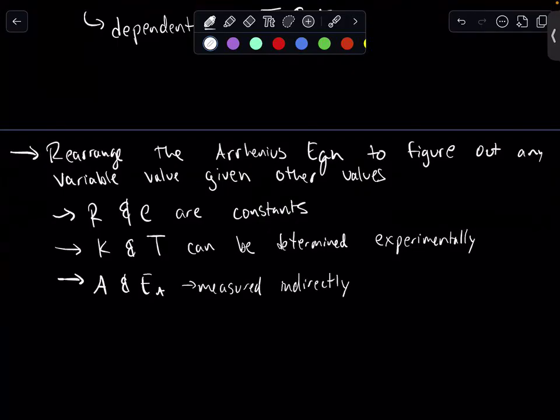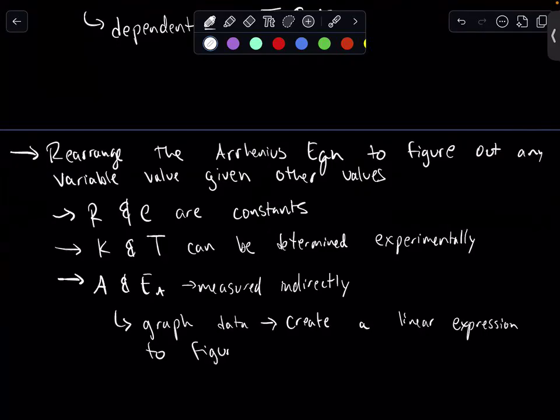Now, because we have two variables that we need to figure out, but we only have one Arrhenius equation, what we actually do is we figure it out by graphing data. So we graph data, and by graphing this data, we can create a linear expression to figure these out.